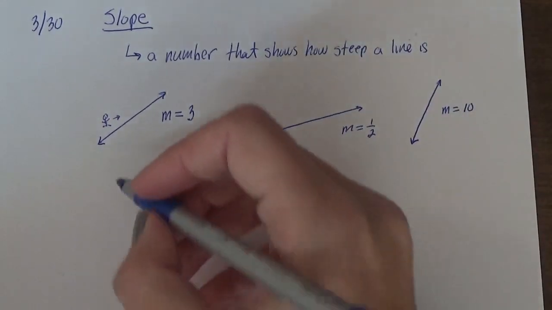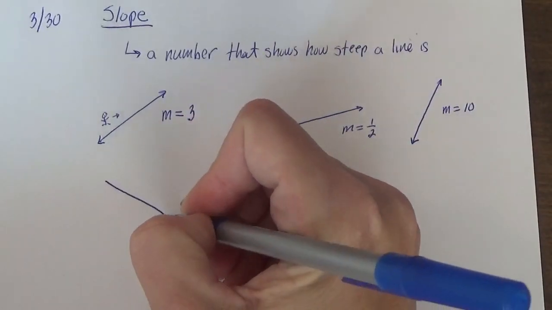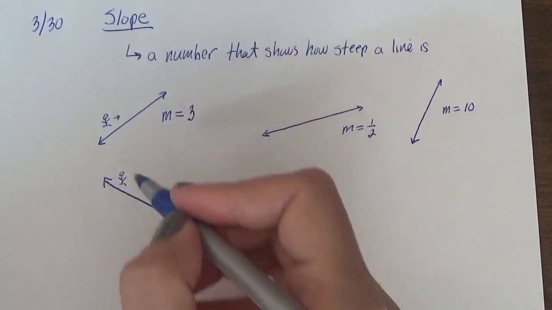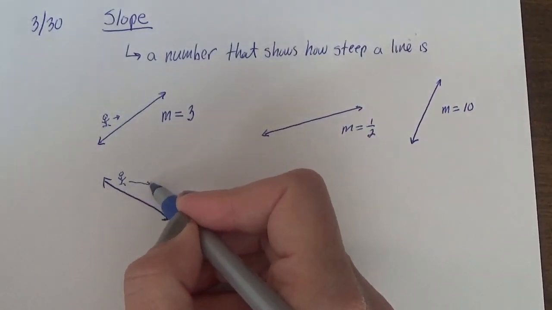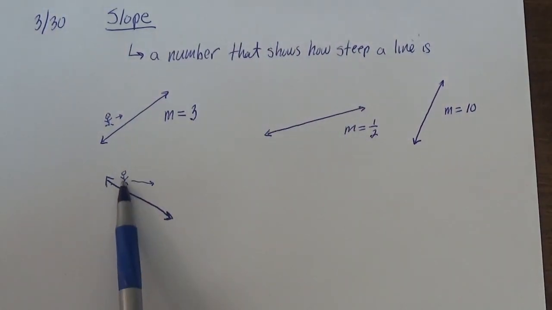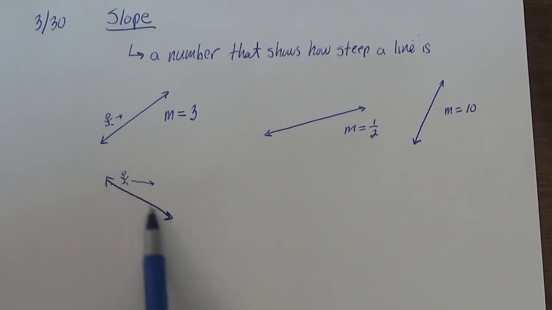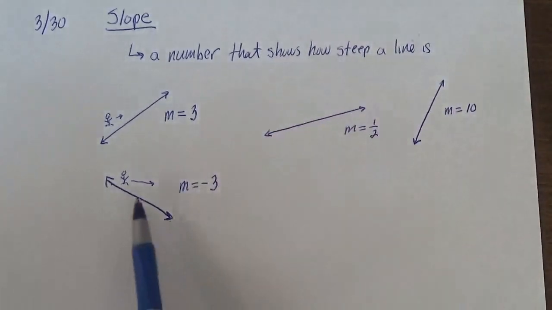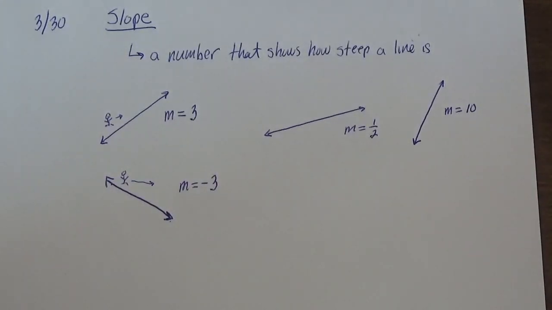Now, if the lines go the other way, like this, so picture, just like a book, like you read words, you're always going to go left to right. So this guy would be sliding down the line. That is going to mean a negative slope. So that might be a negative 3.